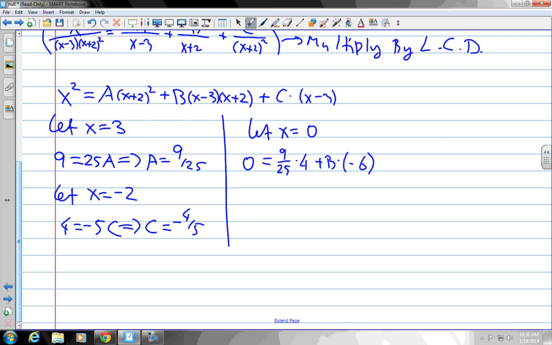Right? And then plus, well, minus 4/5 times -3. Is that okay? So 0 equals 36/25 minus 6b plus 12/5. Right?